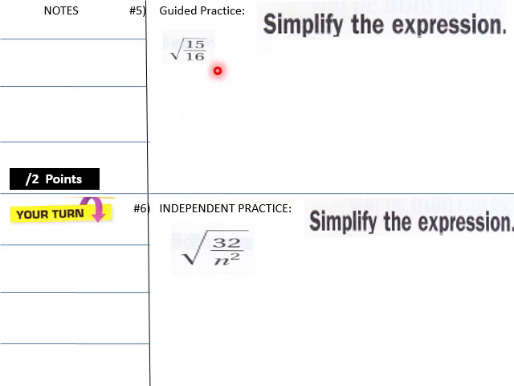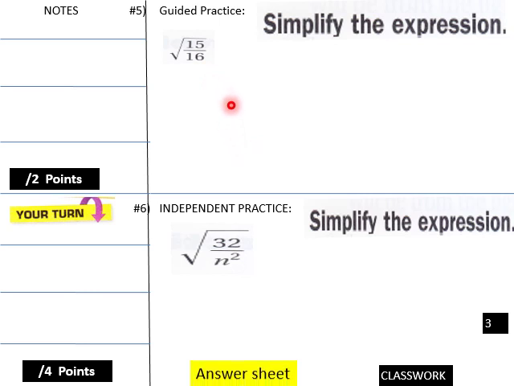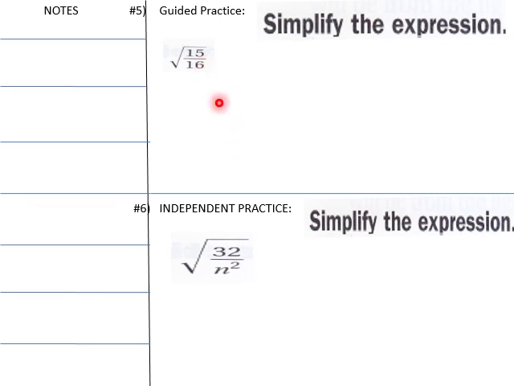So let's try one. Simplify this expression here. Students, this is yours down here. So up here, we have radical 15 over 16. So how do we go about solving that?